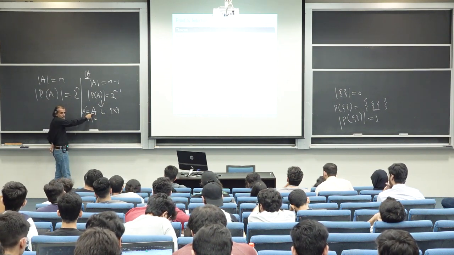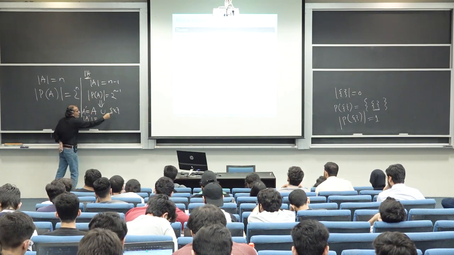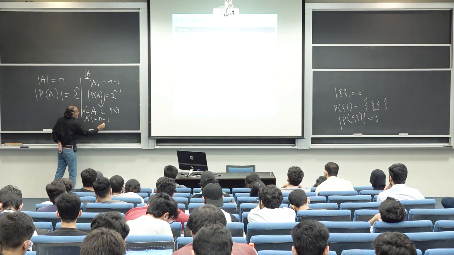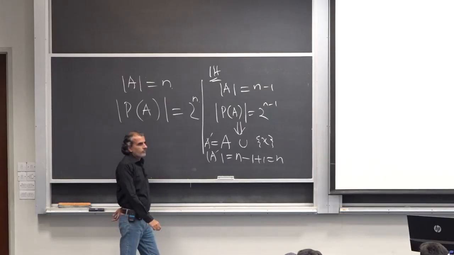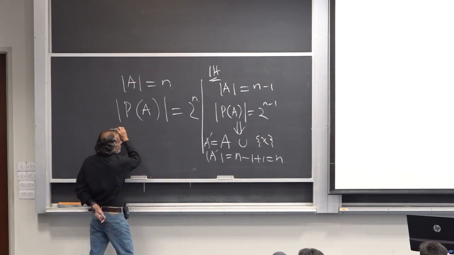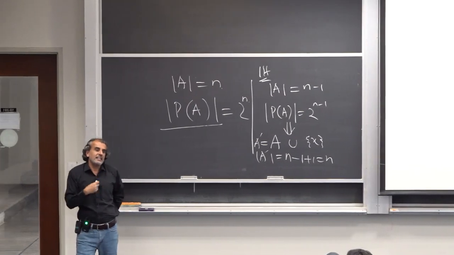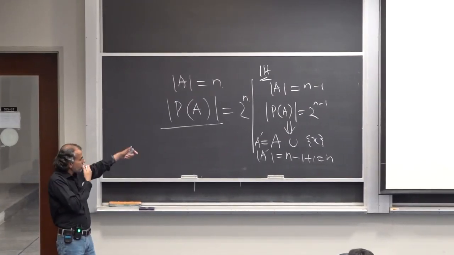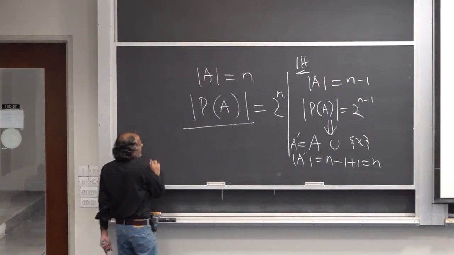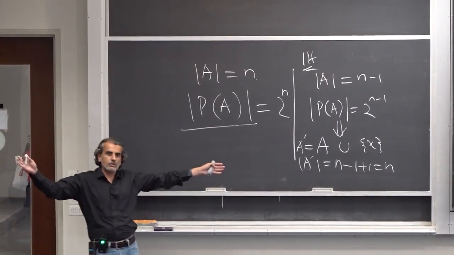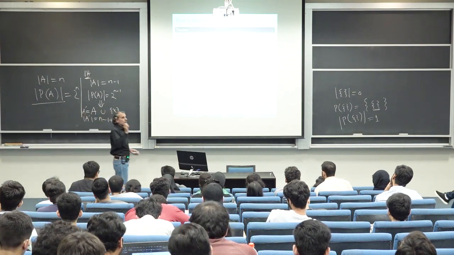Cardinality of A is n minus 1. We are adding one more element, so cardinality of new set is n minus 1 plus 1, which is n. Right? What should be the cardinality of its power set? That's what we have to establish. What we have to establish is that it has to be 2 raised to power n, based on our inductive hypothesis. So if you look at PA, power set of A, that contains many subsets, right? Number of those subsets is 2 raised to power n minus 1.